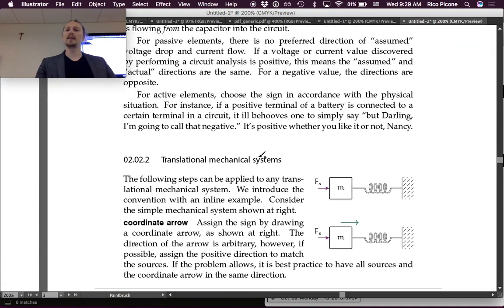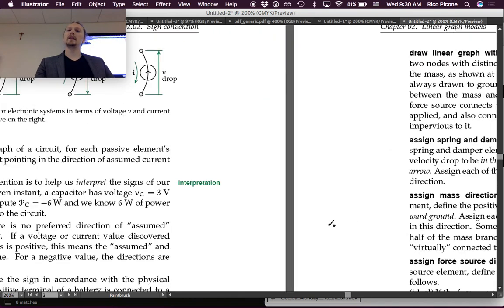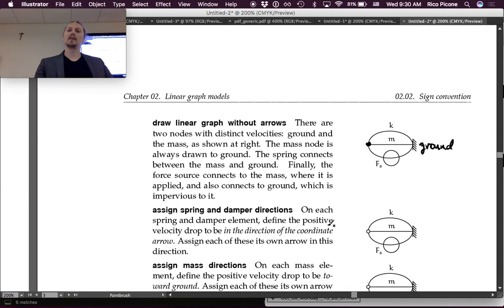So it always connects to the element that it's applied at. So it's applied to the mass node. And we usually take ground to be the other side of a force source, because you can think of the force as originating at some fixed point or some inertial point and being applied. But the ground is impervious to this force that is being applied here.